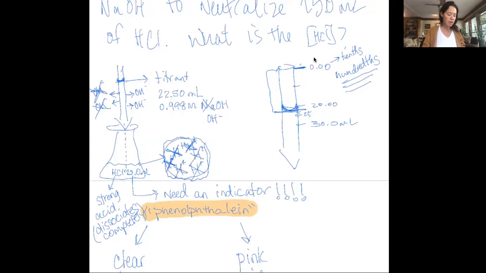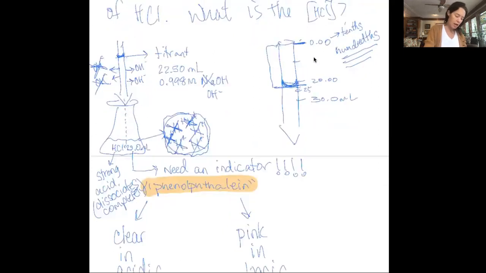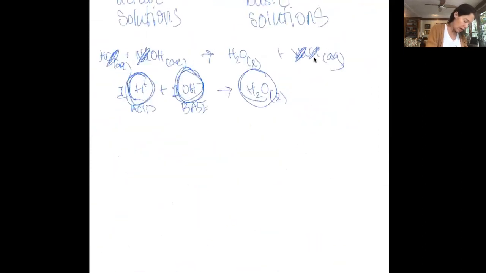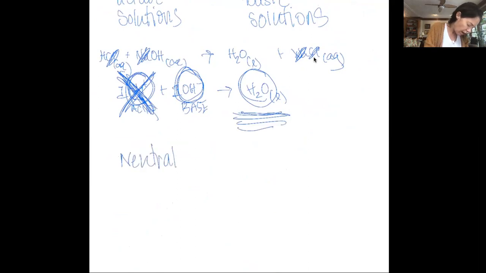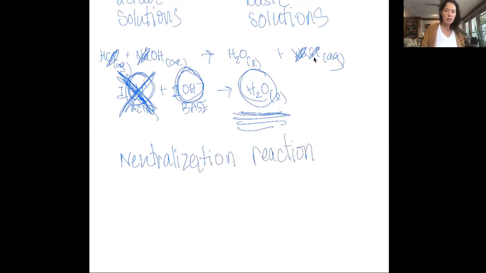And once every hydrogen has been removed, I no longer have any hydrogen. I have created water. The acid has been neutralized by the base. This is a neutralization reaction. It's an acid-base neutralization reaction, okay?